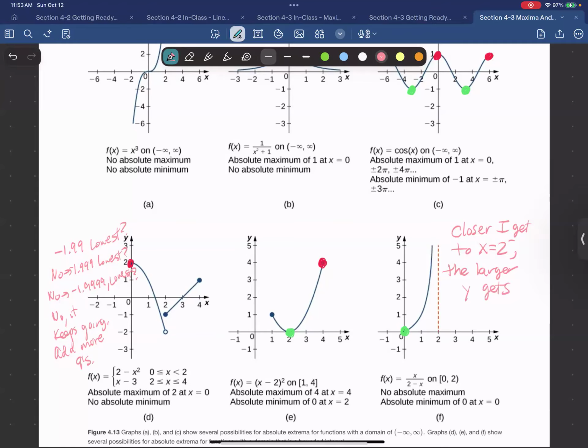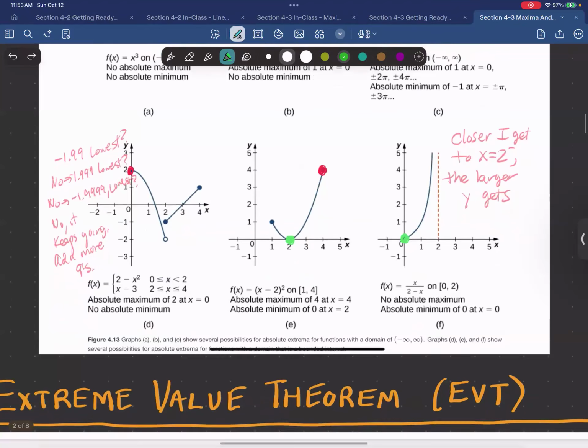And it's doing the same thing, the same issue we had over here. Same issue we had there. So that's examples of kind of what's going on.